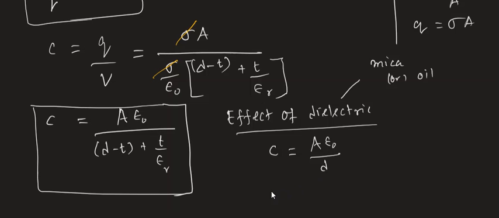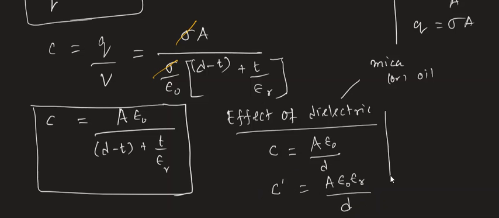Do we understand? Right. And if the capacitor is filled with oil or mica, that can be represented as C dash. So now C dash is given by A into epsilon naught epsilon r divided by d. Do you understand?